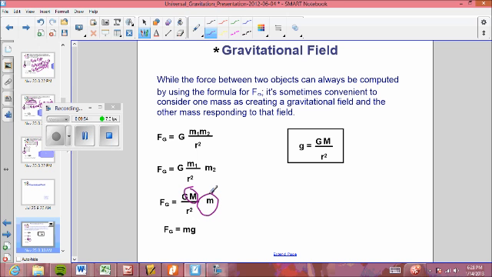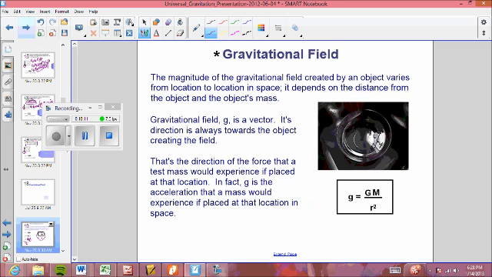Okay? And now they got rid of that, and they got rid of this. So now they're left with little g equals big G divided by M over r squared. That's the gravitational field.